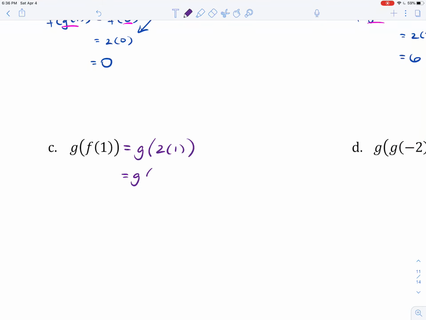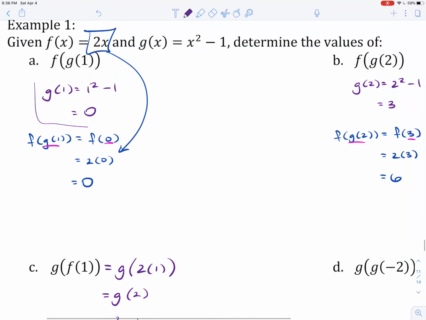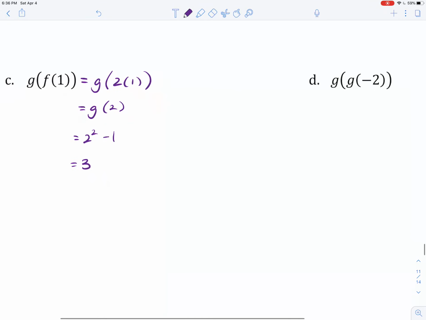And then we're evaluating from this point forward. 2 times 1 is 2. And g of 2 is 2 squared minus 1. That's how I'd process that while keeping the whole thing intact. So it's just one whole thought process the whole way through. There's no kind of side tangent like, well, this is this scenario, therefore this other scenario is this.